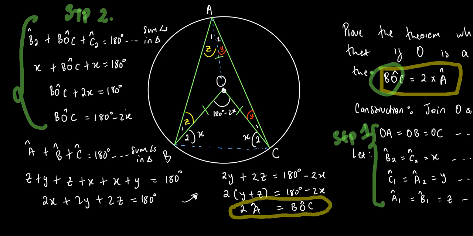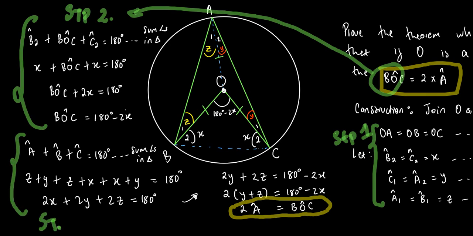Remember, your step number 2 comes from making BOC the subject. And then your step number 3 is the finishing move. Because on step number 3, you're just adding all angles in the bigger triangle.